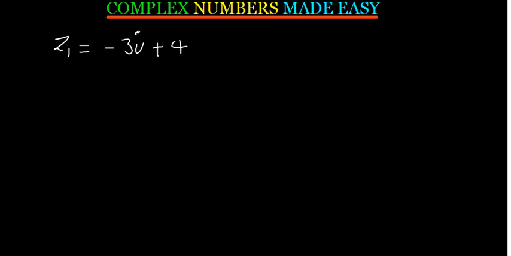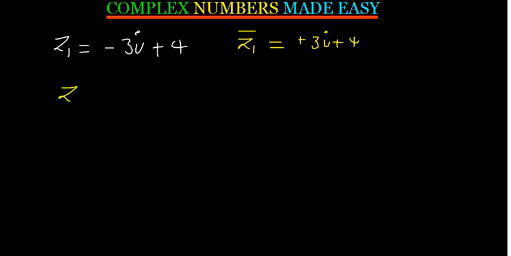The conjugate, which we can write as z1 with a bar on top, always change the sign of the number that is imaginary. So this is going to be positive 3i plus 4. It's not like the difference of squares where you change the sign in the middle. This one you always change the sign of the imaginary part.